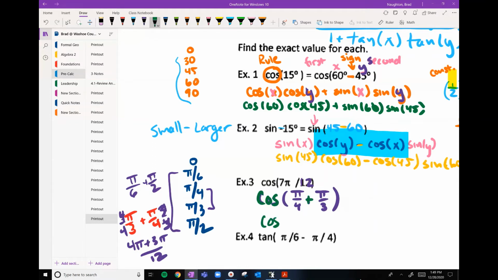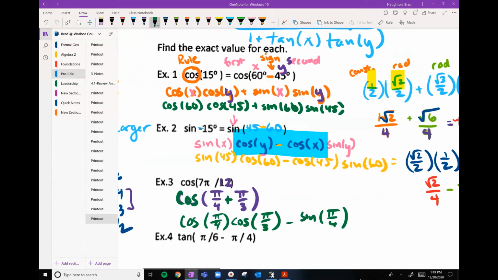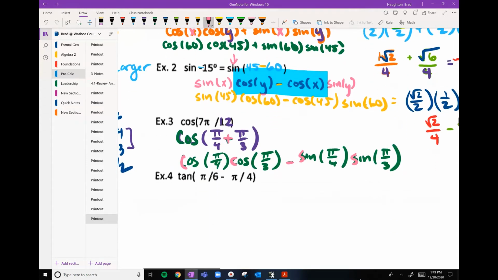So we'll do cosine of pi over 4, and then the cosine of pi over 3, minus, and then we're going to do the sine of pi over 4, and then the sine of pi over 3. Cool. So notice for our cosine rule we have cosine, cosine, sine, sine. Different sign change there. Perfect. So now we're just off to the race.